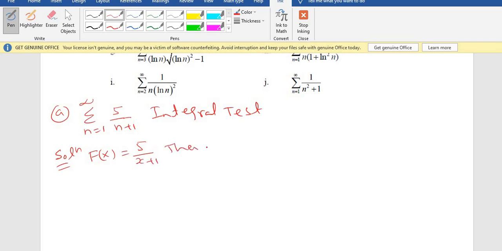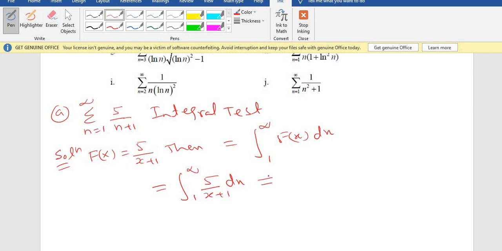Then the integral formula, that is from 1 to infinity of f of x dx. Substitute the function f of x, from 1 to infinity, 5 divided by x plus 1 dx.